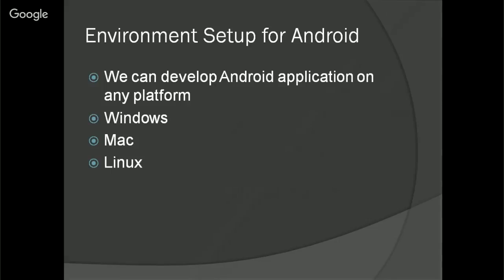In order to be able to develop Android application on any system or any operating system, be it Windows, Mac, or Linux, we need to have the Android software development kit. I will show you in this session what software we need in order to develop any kind of Android application on any of the operating systems.